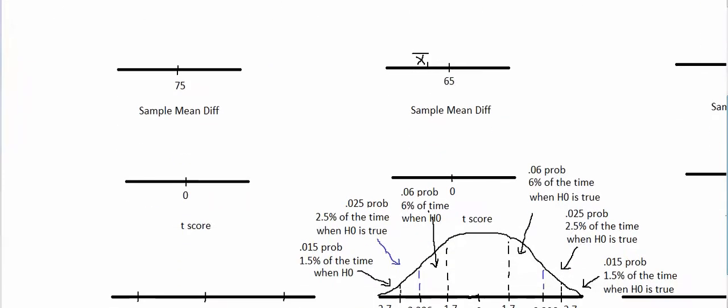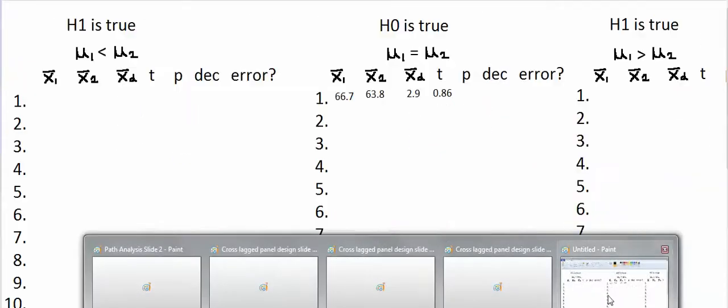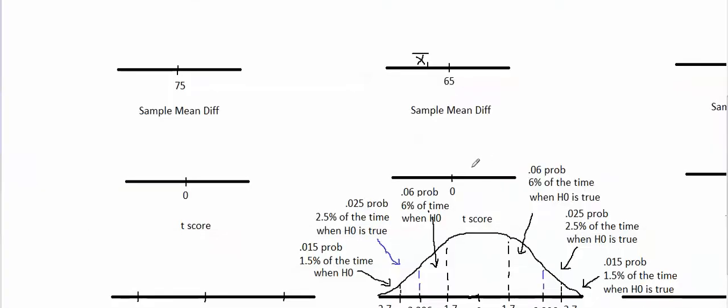I want you to plot the sample mean difference, which we found out was 2.9, positive 2.9. So it would go out here. And then I'll have some tick marks here for you.